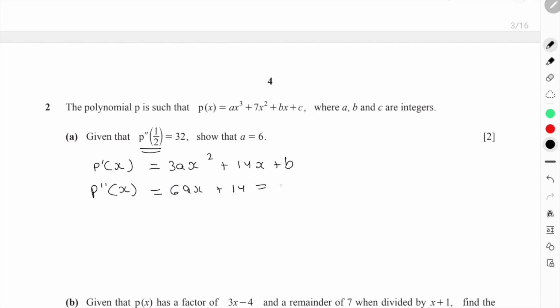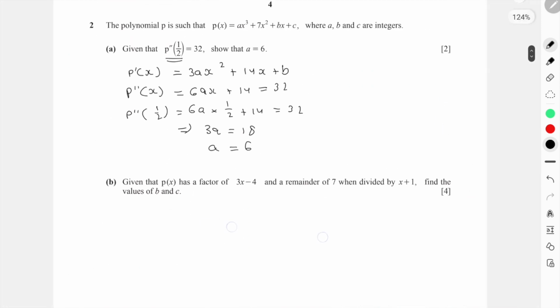And we know that p double dash of 1 divided by 2 is 6a into half plus 14 equals 32. This implies that 3a is, let's use a calculator to find this, 18. And then when you divide by 3, you get 6.